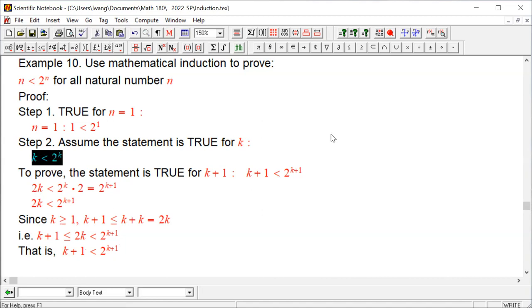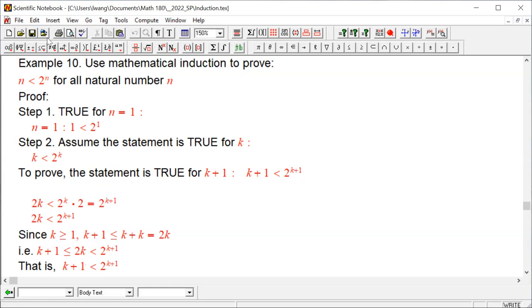So let me fill in one more line. From the assumed, we multiply both sides by 2. So 2k is less than 2 to the power of k plus 1. And then we proved that k plus 1 is actually less than or equal to 2 times k.